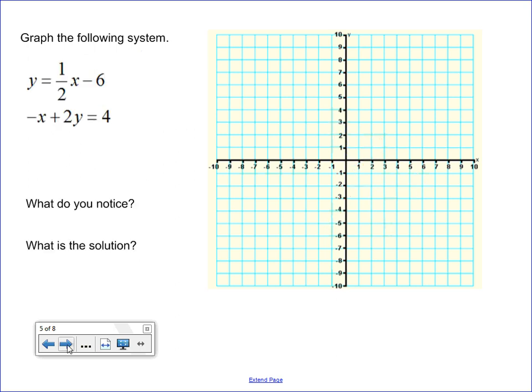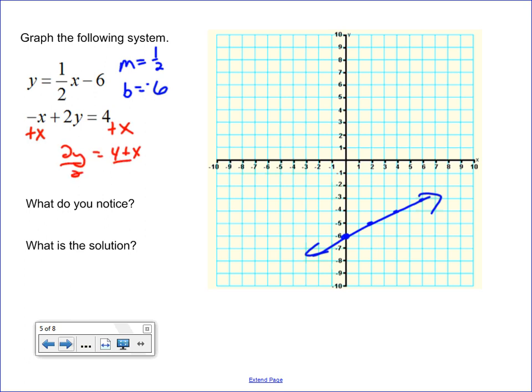Okay, so if I were to look at this one, if I were to graph the first one, slope is 1/2. The y-intercept is negative 6. So I'd start at negative 6, and I'd go up 1 and over 2. Okay, the second equation, if I solve for y to graph this one, I'd have 2y is equal to 4 plus x.